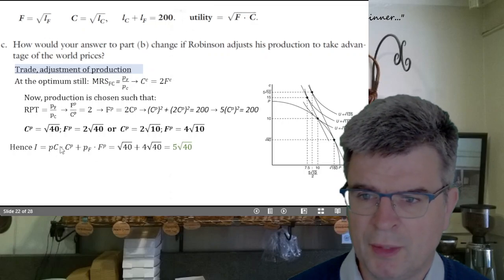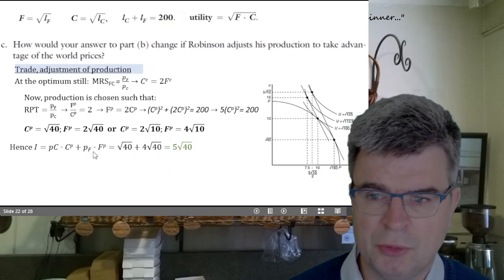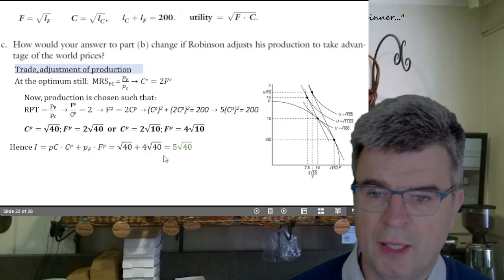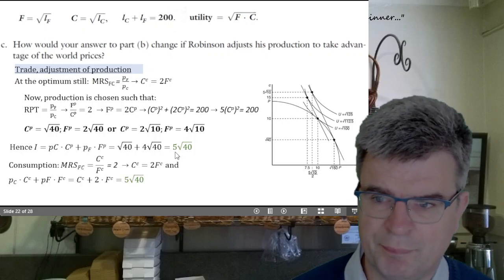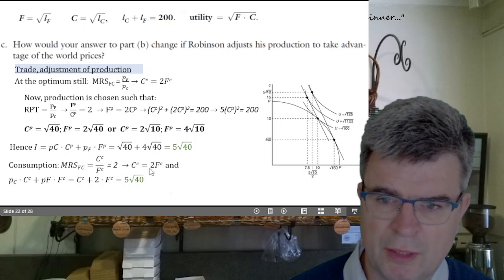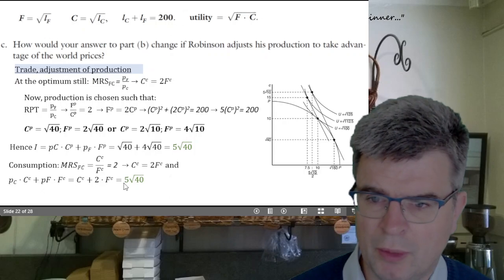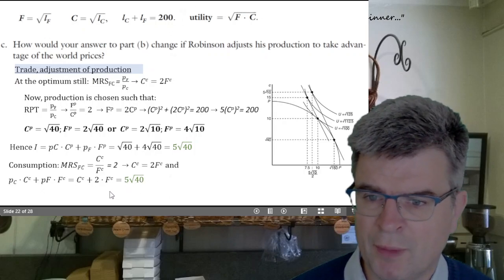So we can plug this in. The price of coconuts times the number produced plus the price of fish times the number of fish produced, and his new budget is 5 times the square root of 40. He consumes coconuts and fish in the ratio 2 to 1. So we plug that into our new budget of 5 times the square root of 40.